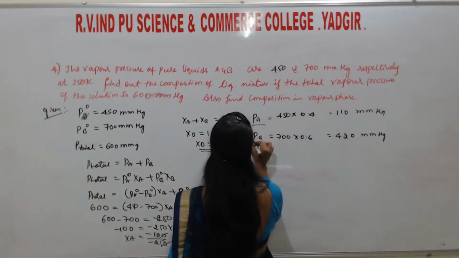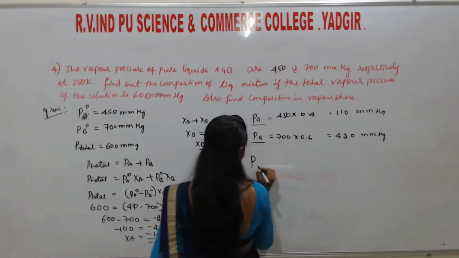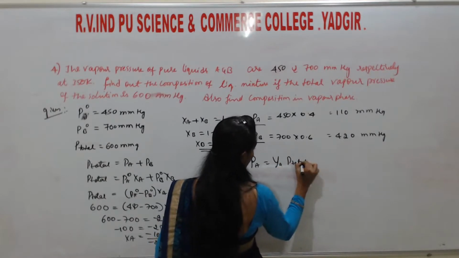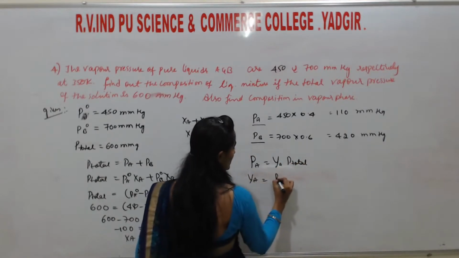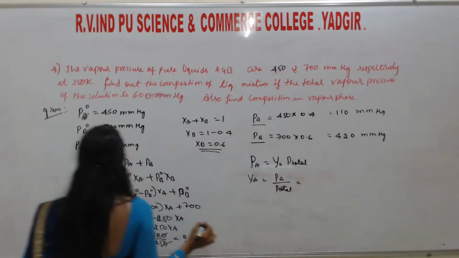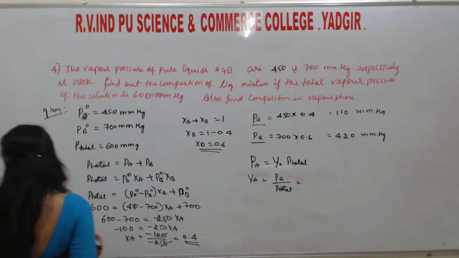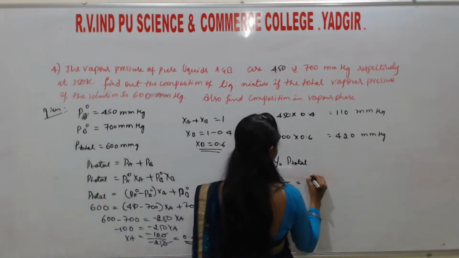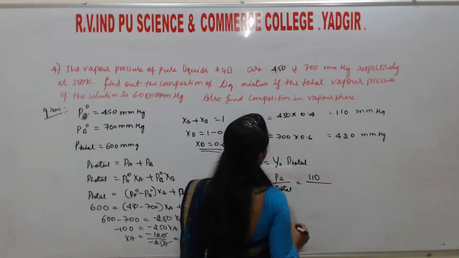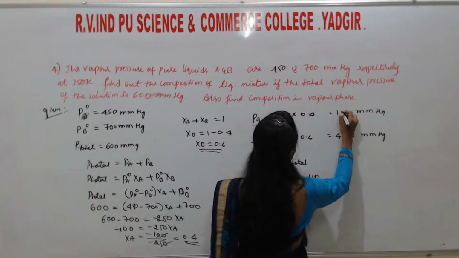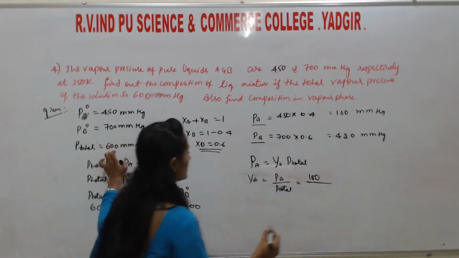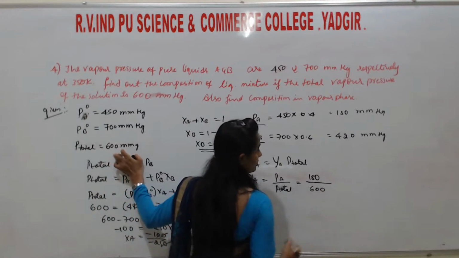So once we got PA and PB, students, we can calculate PA is equal to YA of P total. Then YA is PA divided by P total. So what is the PA value here? PA is 180 divided by P total, which is 600.